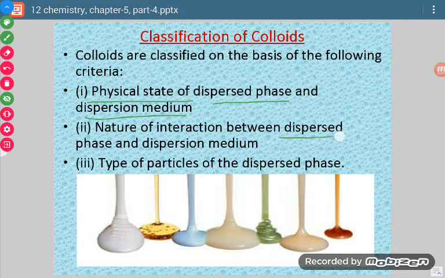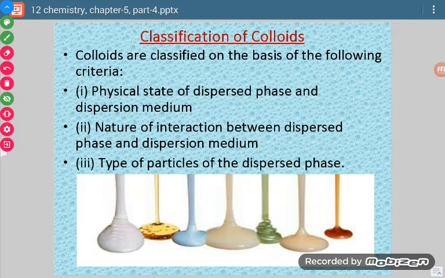Then, what is the interactive force between the dispersed phase and the dispersion medium, how they attract each other? On the basis of that, we can divide. And then which particles are present, to which category those particles belong. On the basis of that, we can divide our colloids into different types. Which particles are we talking about? We are talking about dispersed phase particles.